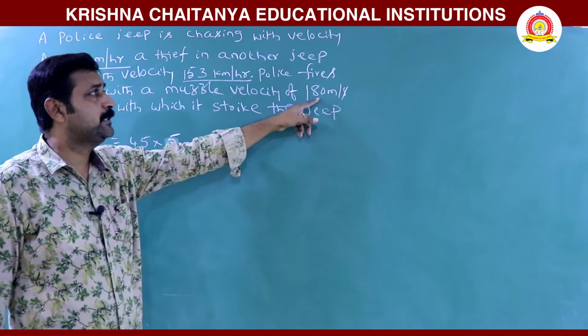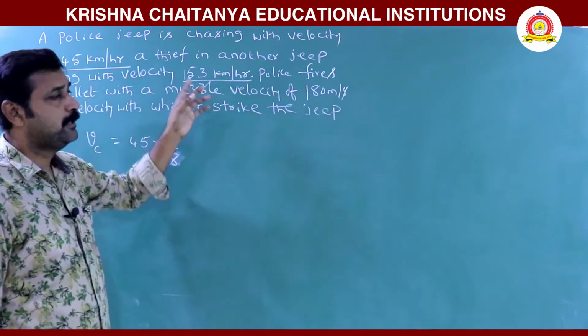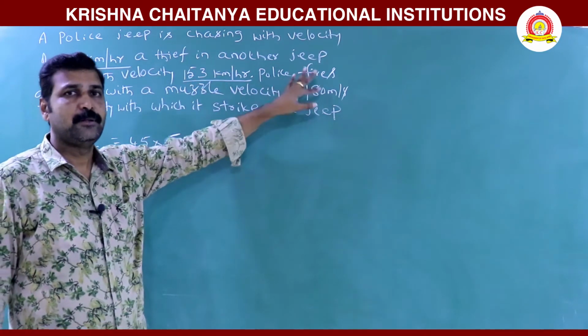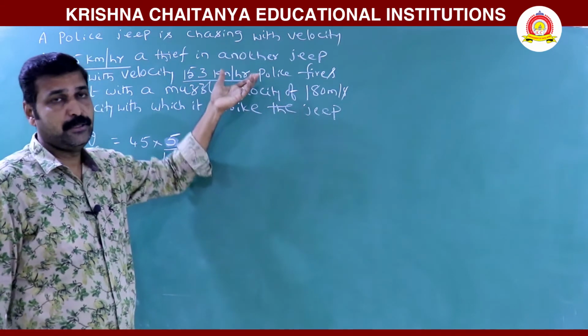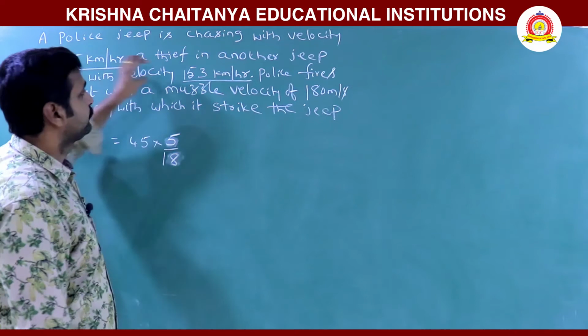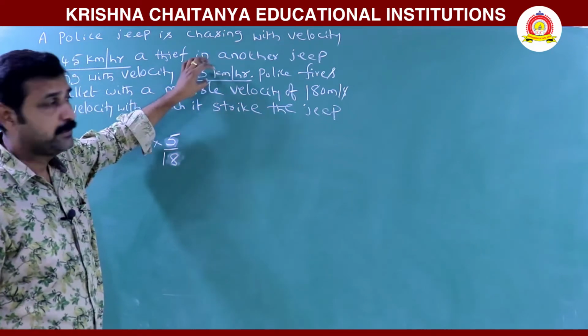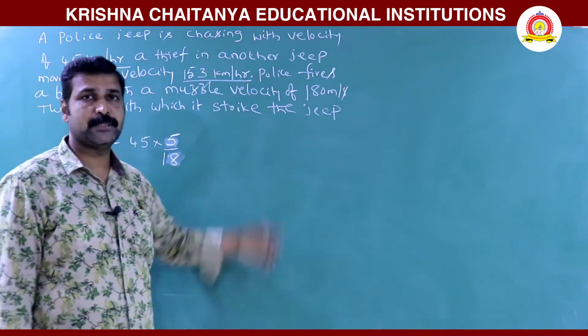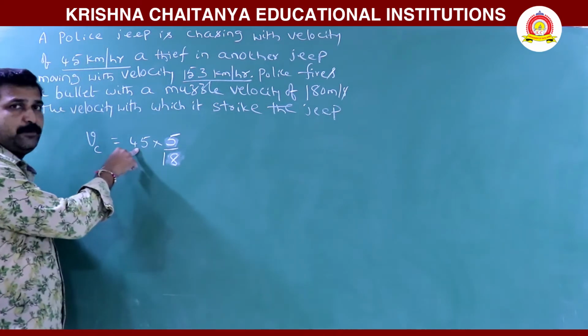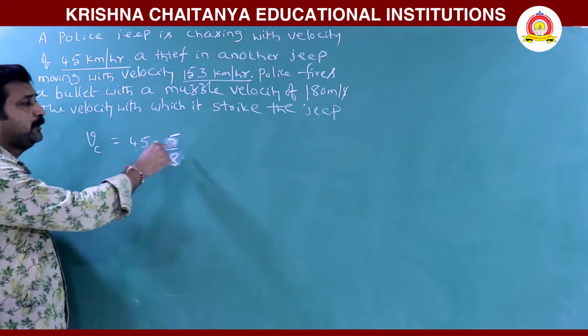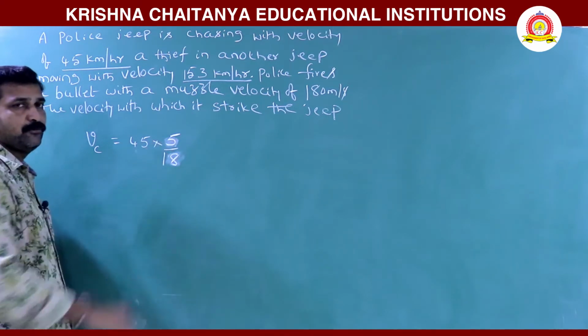If this is in meter per second, since these two are in kilometer per hour, we can convert it into kilometer per hour, then our final answer would be in kilometer per hour. If we convert these two into meter per second, then our final answer would be in meter per second. Okay. So here this is in kilometer per hour, we are converting it into meter per second, so we are multiplying it with 5/18.